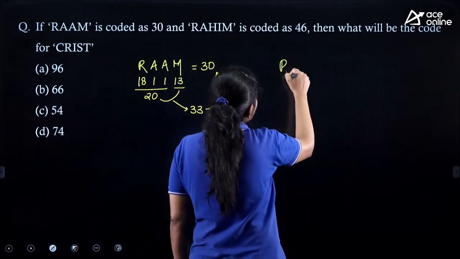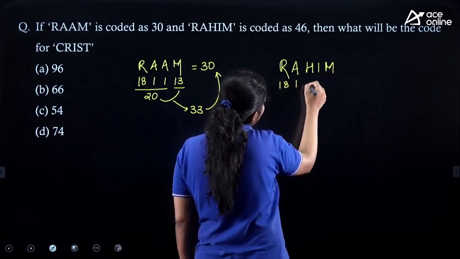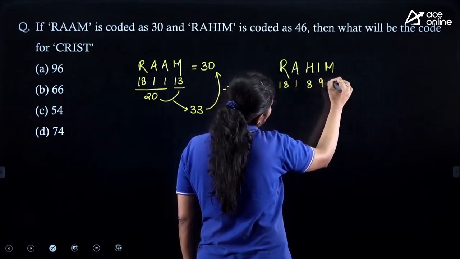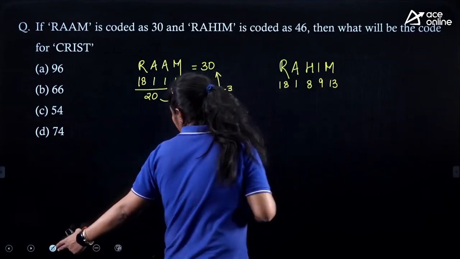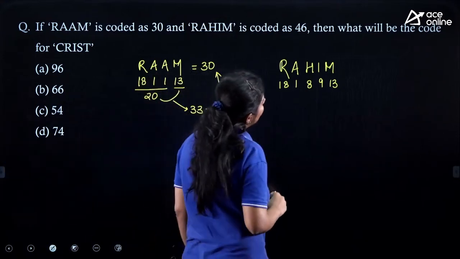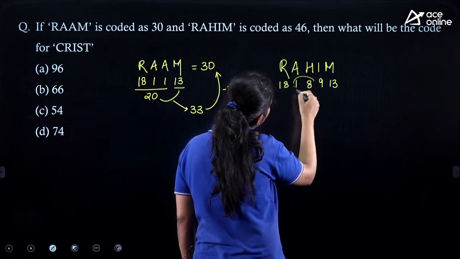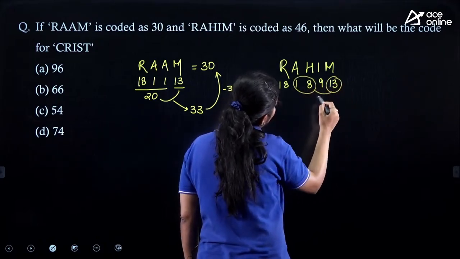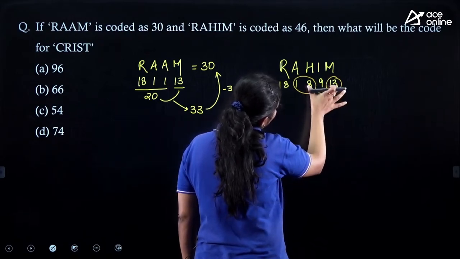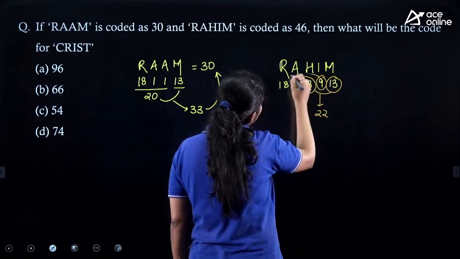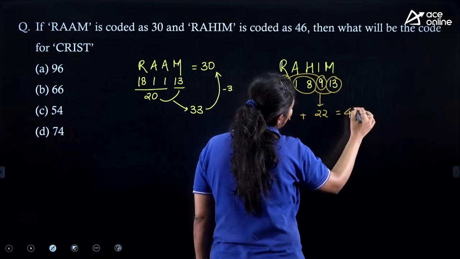Okay. We are just going to check, is the same logic applied with Rahim? So 18, 1, 8, 9 and 13. When you add these values, you will get 49, right?